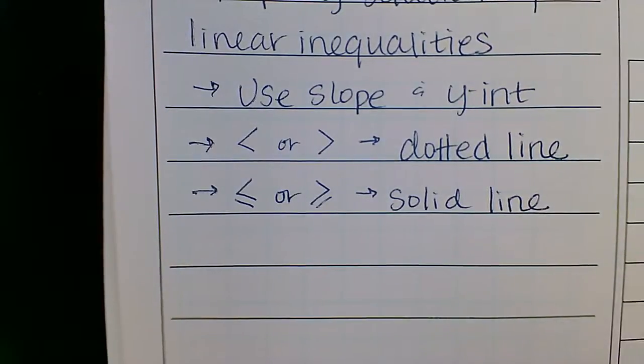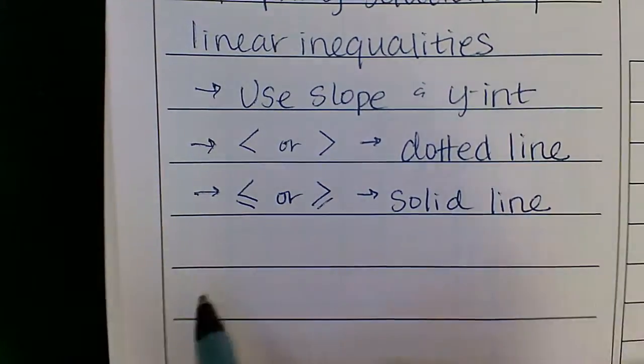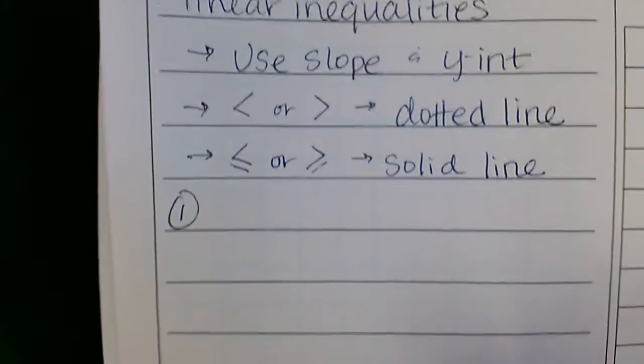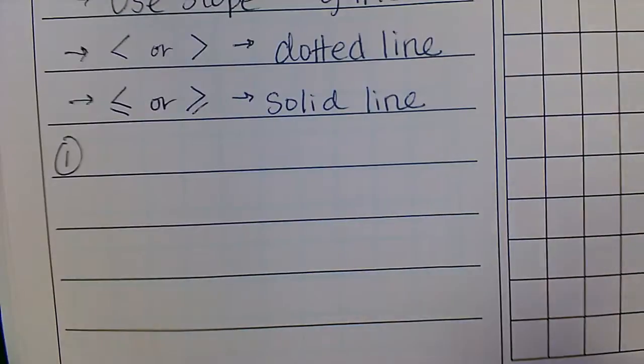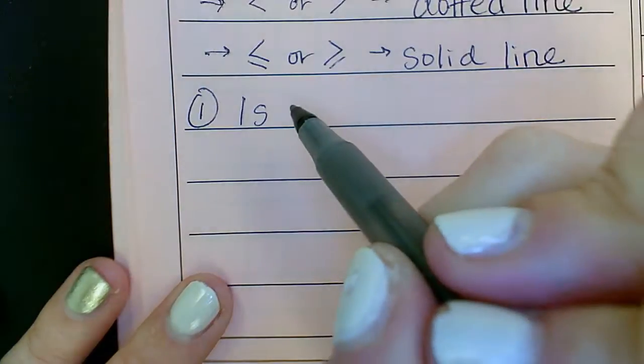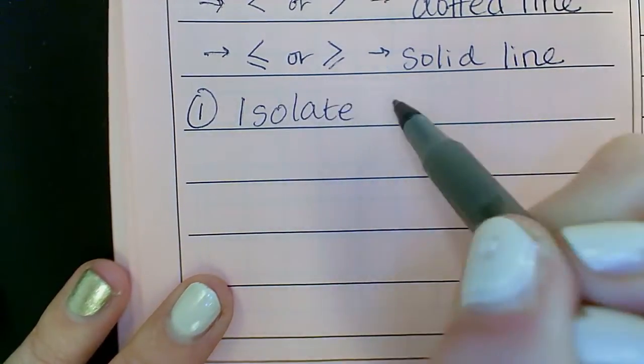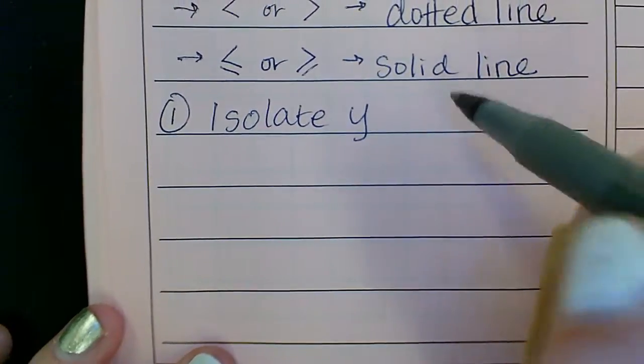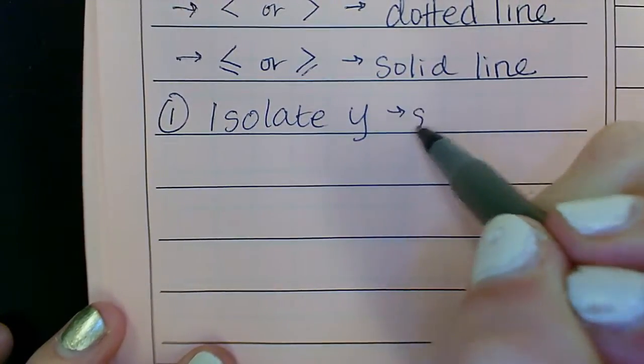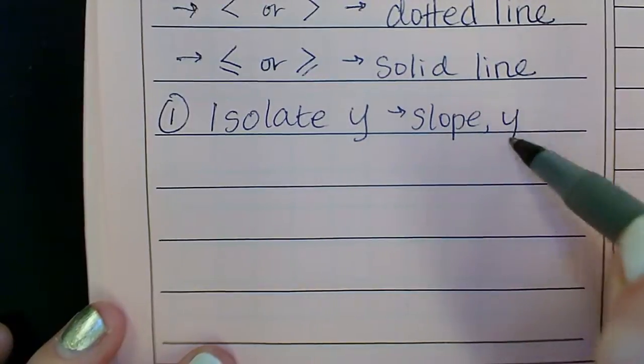Okay, so those are the basics about the graph, but the other biggest difference is that with linear inequalities, we actually do some shading, and I'm going to talk about that in a moment. So the first thing that we're going to do when we're graphing inequalities, same thing that we do with our normal linear equations, is isolate y, because we want it to be in y equals mx plus b, so then we can get our slope and our y-intercept.